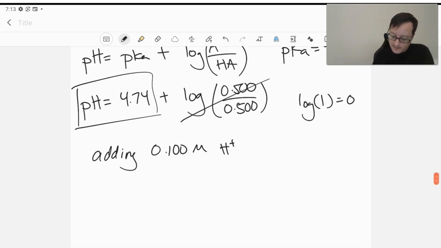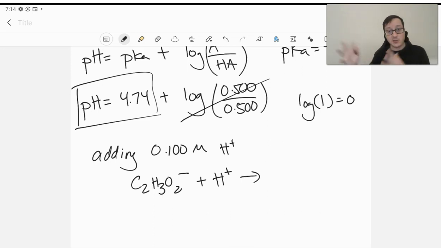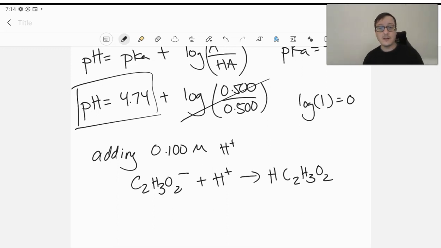So adding 0.1 molar HCl is the same as adding 0.1 molar H+, right? That means that if we take a look at what our equilibria are, we're going to be essentially performing this reaction, right? We're going to be taking that H+ that's coming in, and we're going to convert it into acetic acid, sorry. So with this, we don't need to worry about doing any ice tables for this.